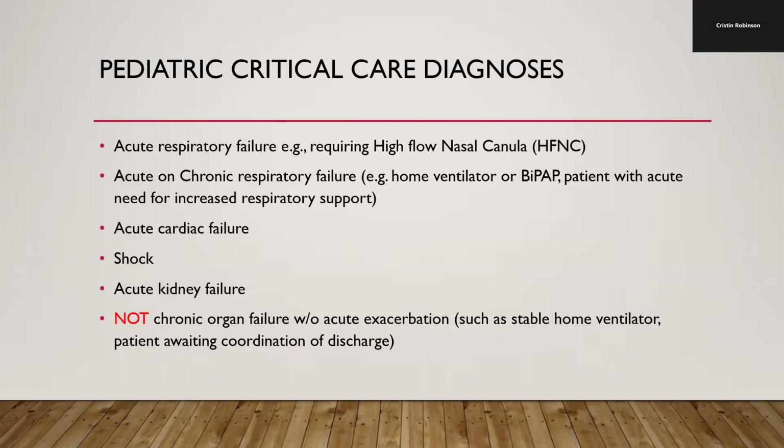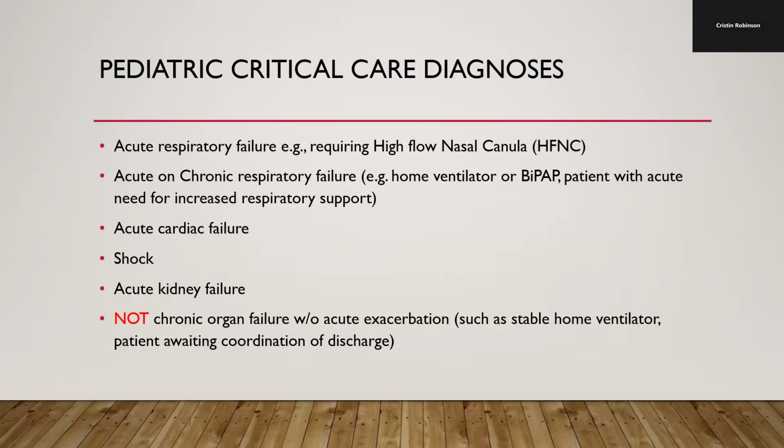So, here are a few of the common diagnoses that we may see in the critical care of a pediatric or neonatal patient. So we have acute respiratory failure. This is one which may require high flow nasal cannula, or HFNC. We have acute on chronic respiratory failure.